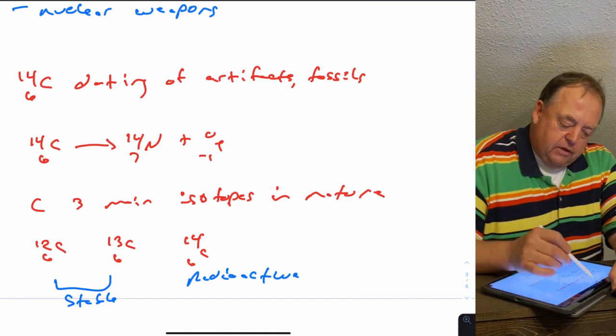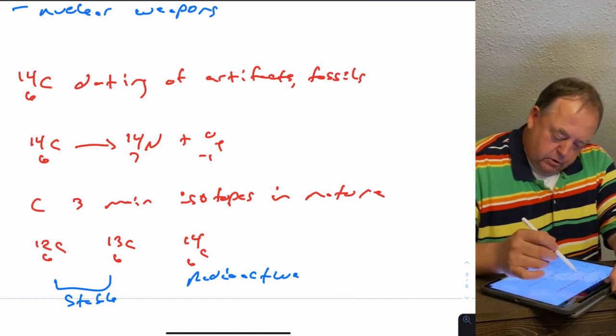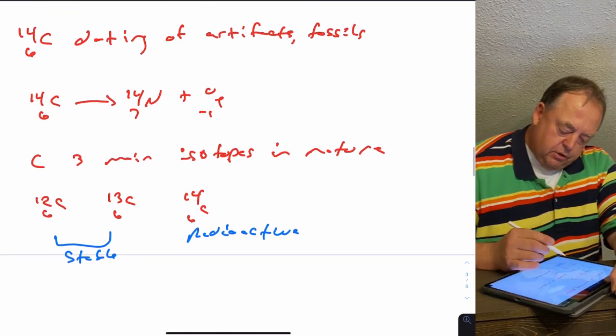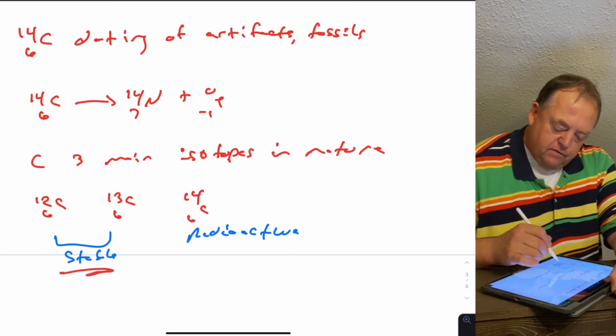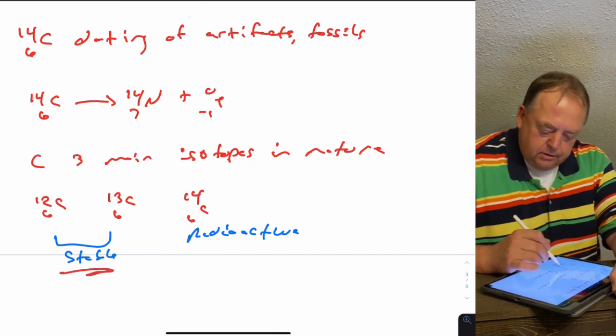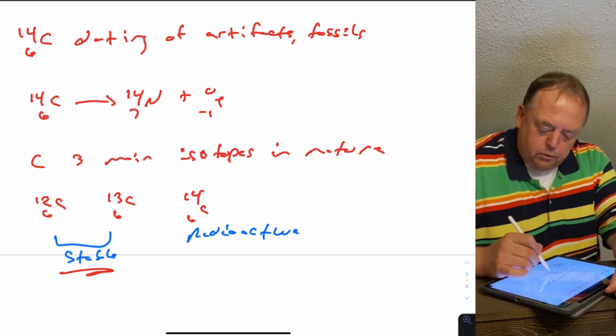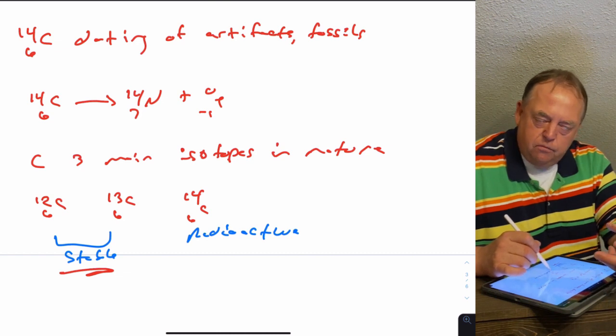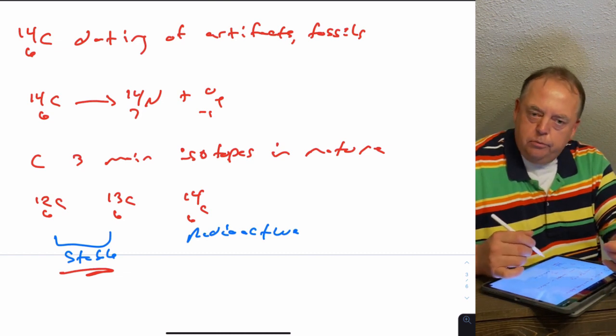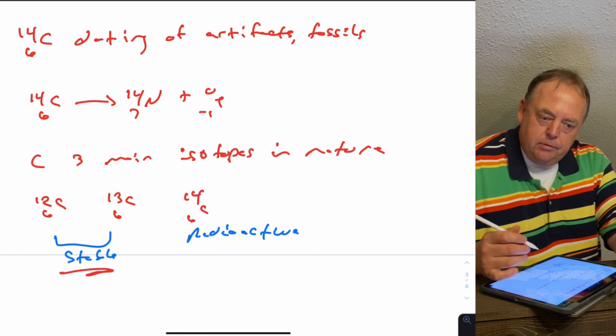So for radioactive dating, carbon comes as 3 isotopes in nature. We have carbon-12 and carbon-13 with 6 protons and 6 neutrons, or 6 protons and 7 neutrons. Those are stable. Carbon-14, right now, your ratio of neutrons to protons is getting a little bit too big, and so that's not stable.